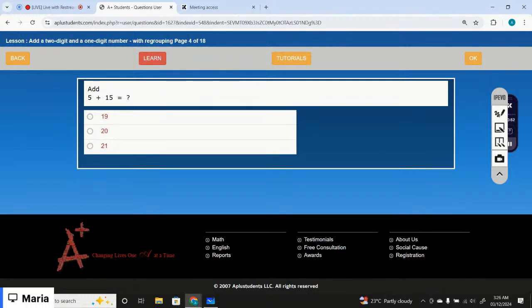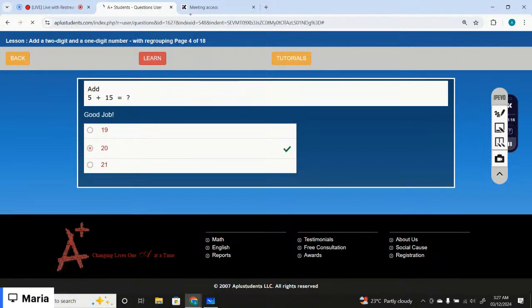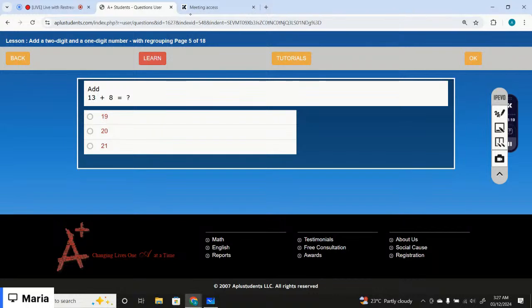That is 15 plus 5. That is 20. Option number 2 is the correct option. That is 21.